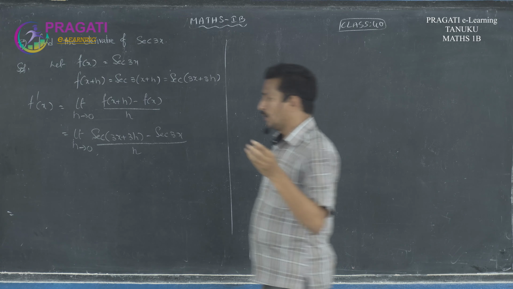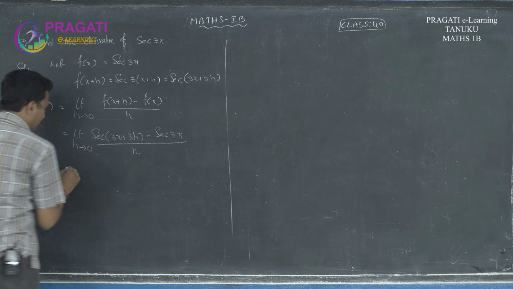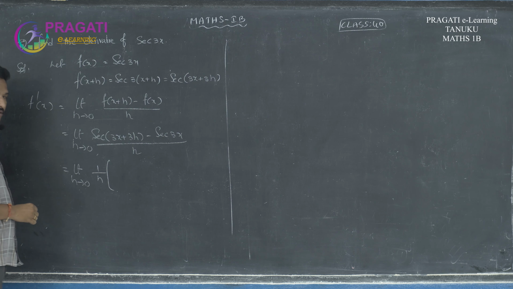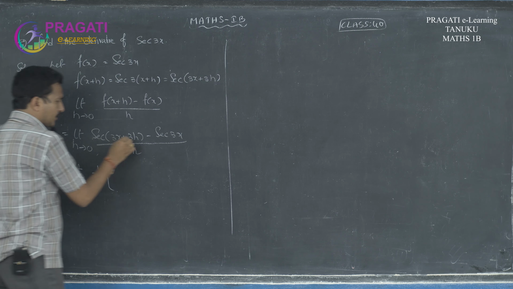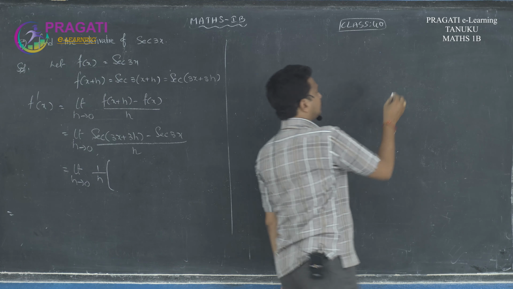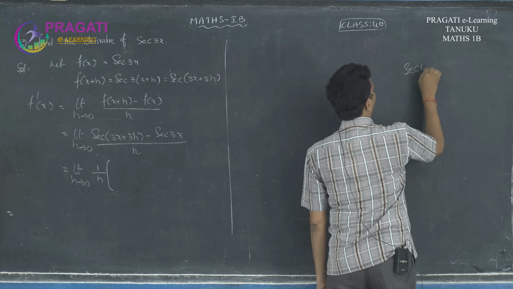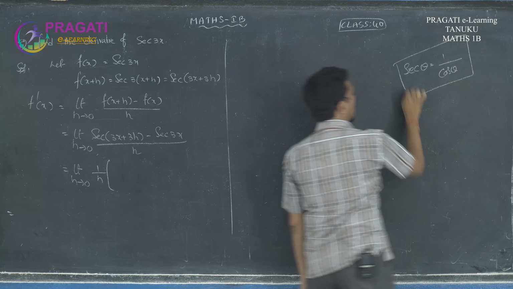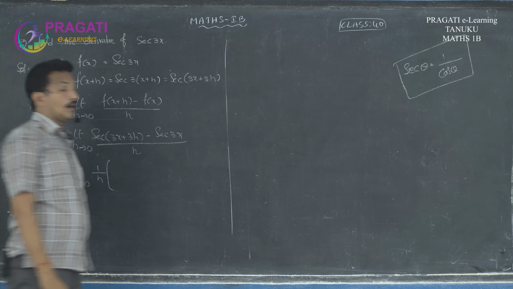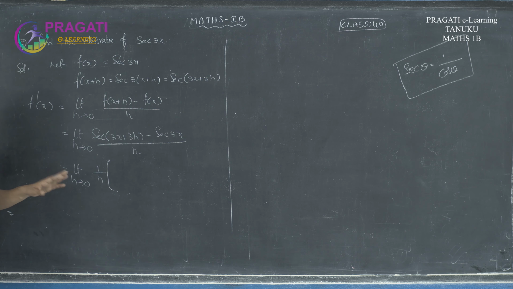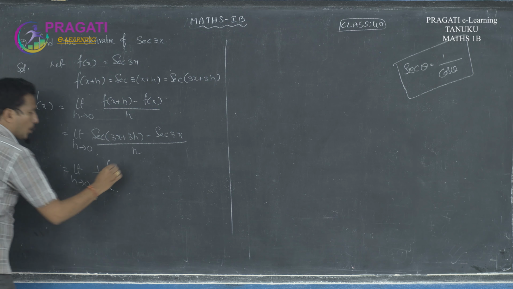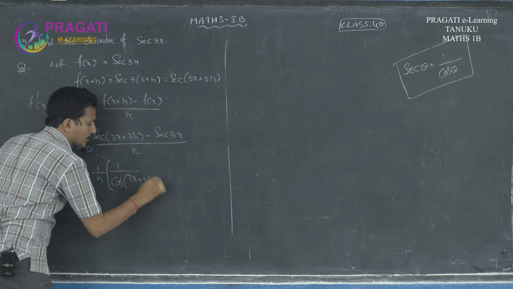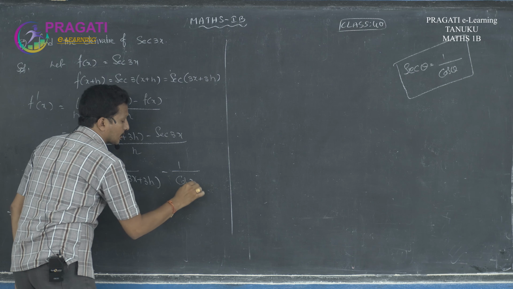Okay. First of all, to simplify the equation, here limit h tends to 0, the denominator h can be written as 1 by h in the front side, and secant of 3x plus 3h. Here secant theta is equal to 1 by cos theta. Secant theta is equal to 1 by cos theta. Already you studied this in the trigonometry chapter. Okay, 1 by cos 3x plus 3h minus 1 by cos 3x.